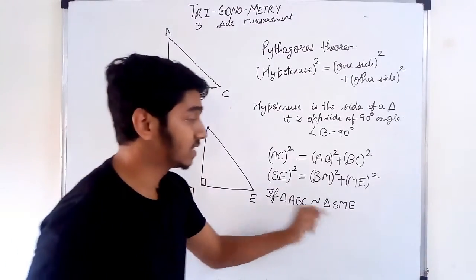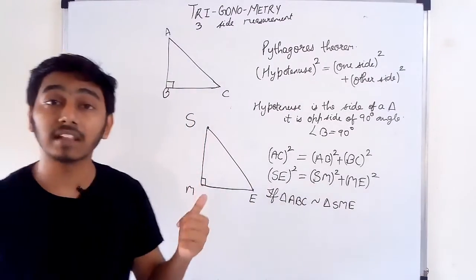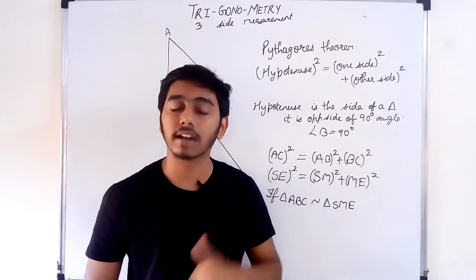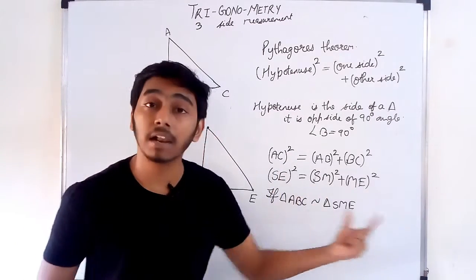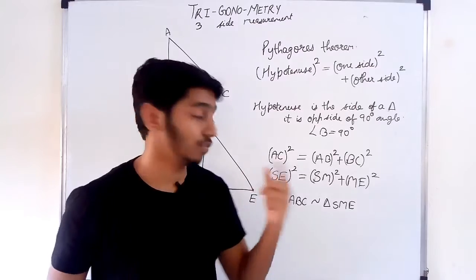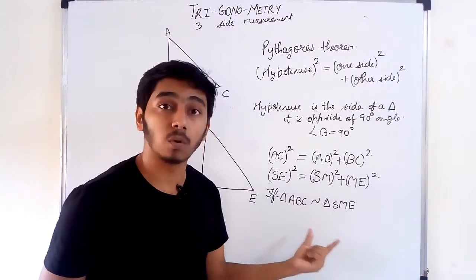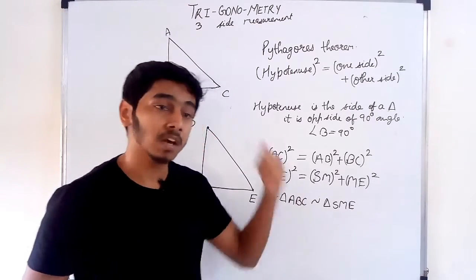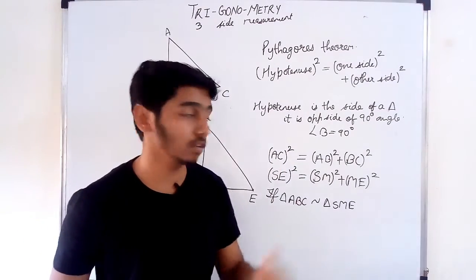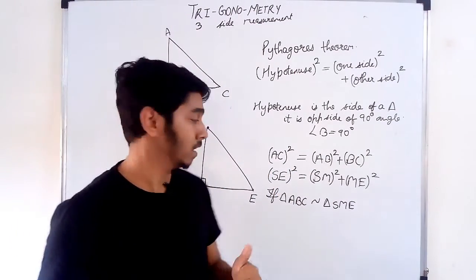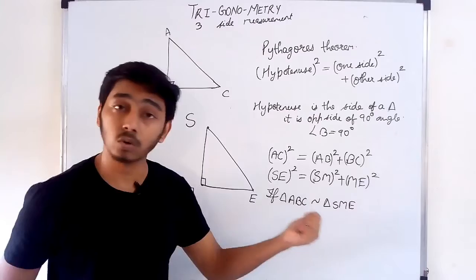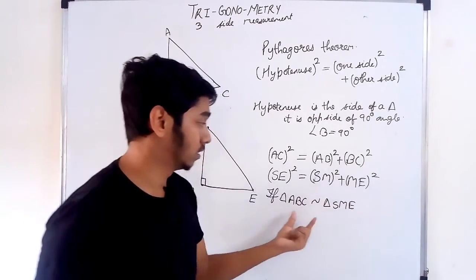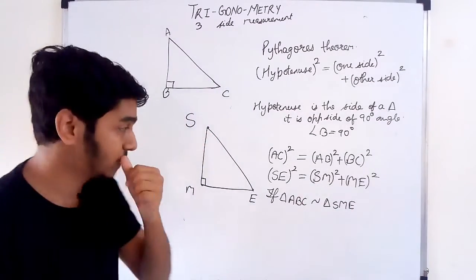Okay, if this is similar, we have done this in the chapter triangles also. What is similarity of triangles? If you are confused with what this similarity is, it's better if you check that video of the chapter triangles first. So let's see what the characteristic of similarity is.